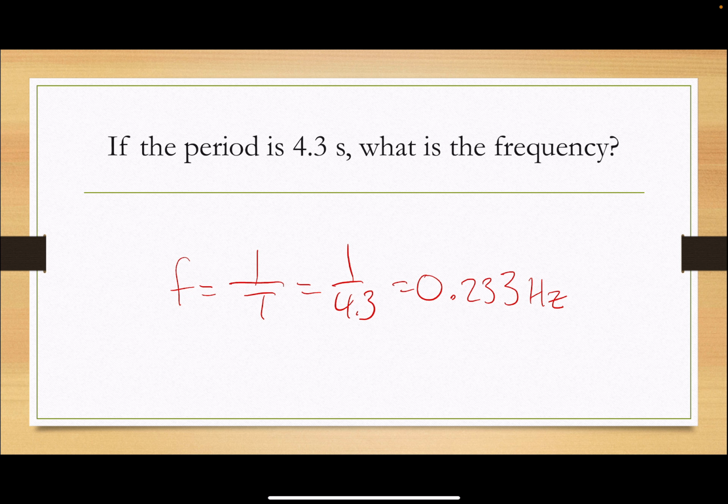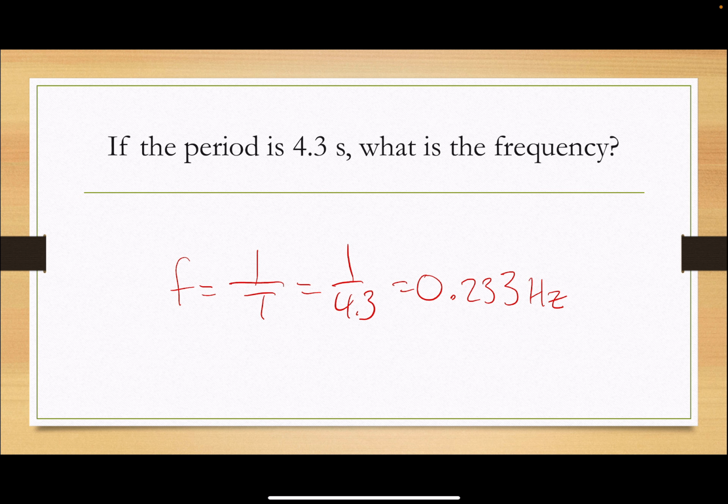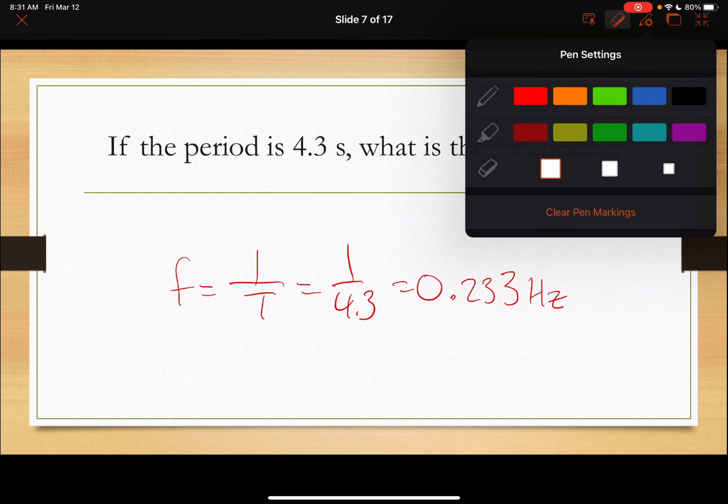And then 0.233 hertz means that 0.233 oscillations occur every second. So if you wanted to put this over something, 0.23 is similar to 0.25, so it's similar to 1/4. And so we made it about 1/4 of the way through an oscillation in a second. So that's what hertz is. It's telling you how much of an oscillation occurs every second. Okay.